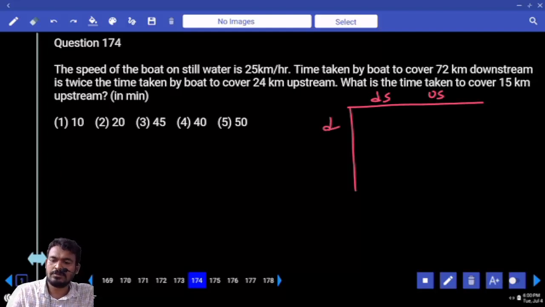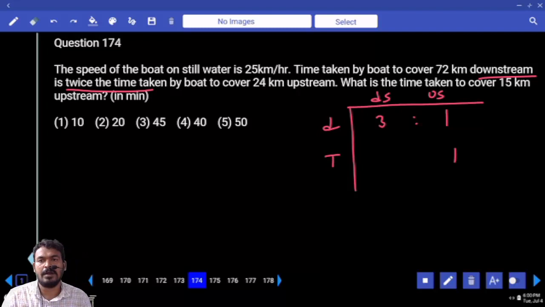What is the distance ratio? 3:1. But here downstream time compared to upstream time, how many times? Twice. Suppose time in upstream 1 part, time in downstream 2 parts, sir.